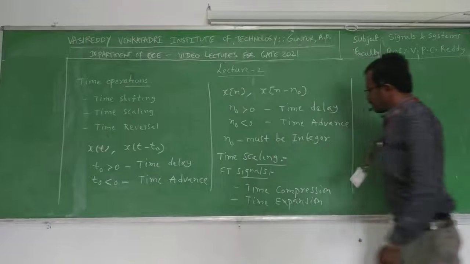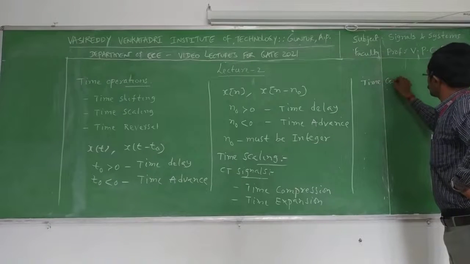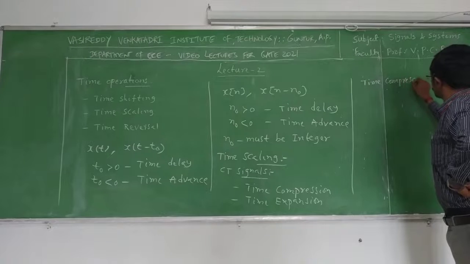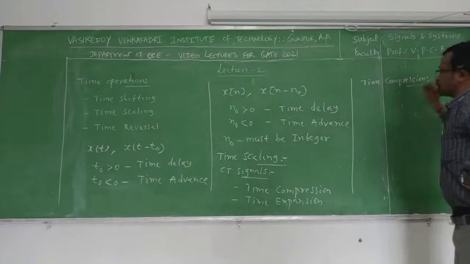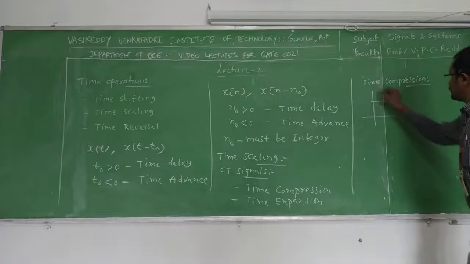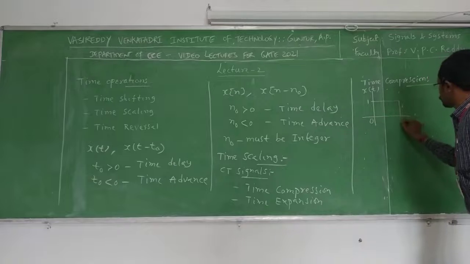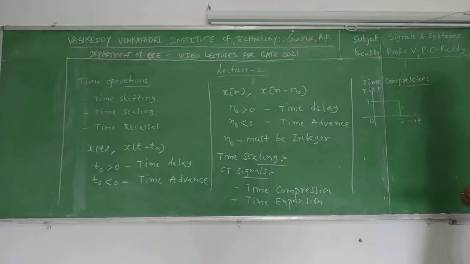We'll see with an example. First we will see time compression. Let us consider a simple example. This is the given signal x of t, a continuous time signal. It is from 0 to 2, and the magnitude is 1.